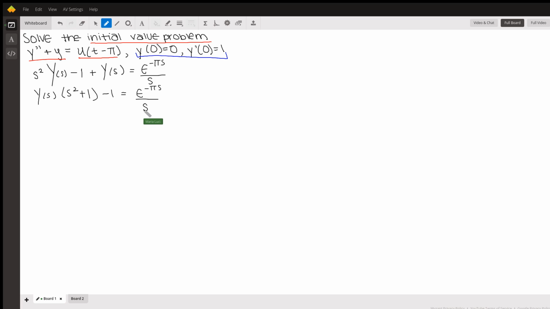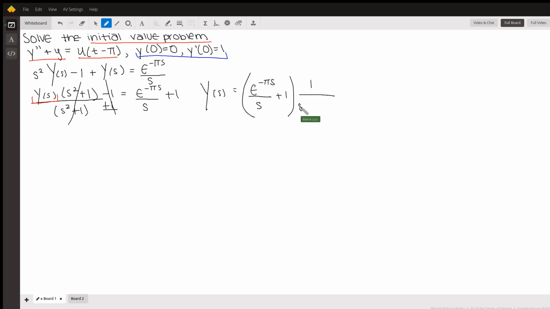So we can isolate the Y of s by adding 1 to each side, and then we can divide by s squared plus 1 to just have that Y of s isolated. So we find that Y of s would equal e to the negative pi s over s plus 1 times 1 over s squared plus 1.